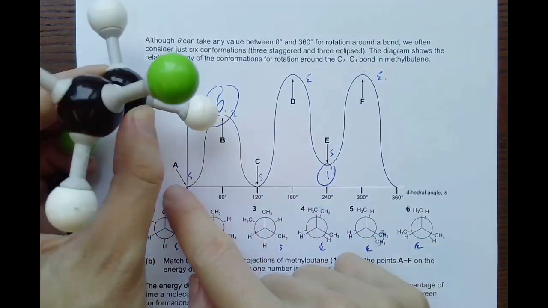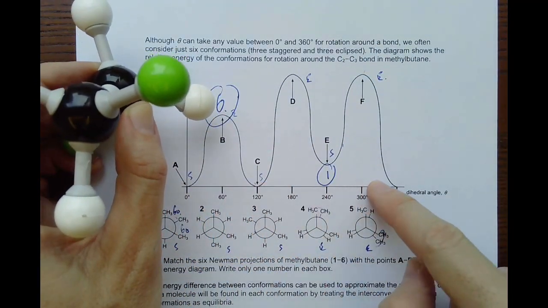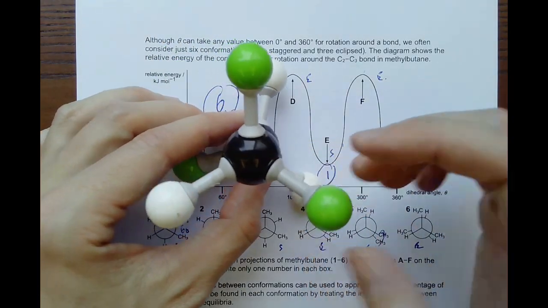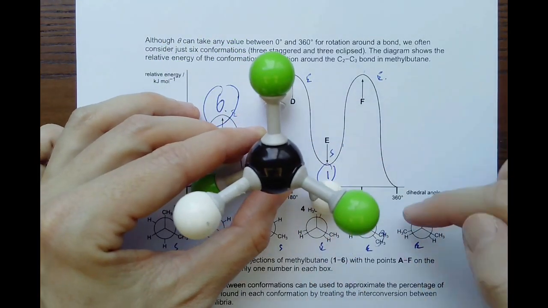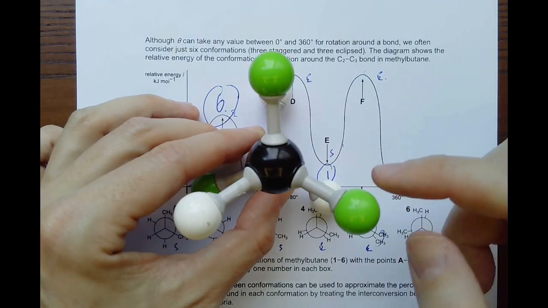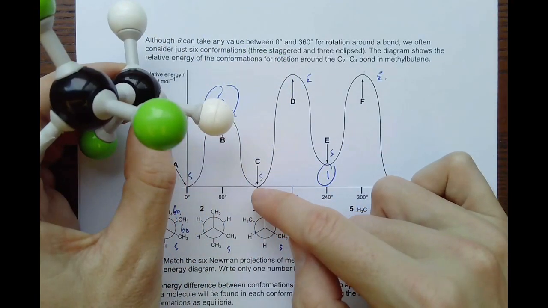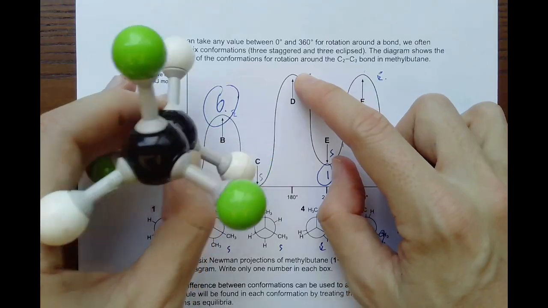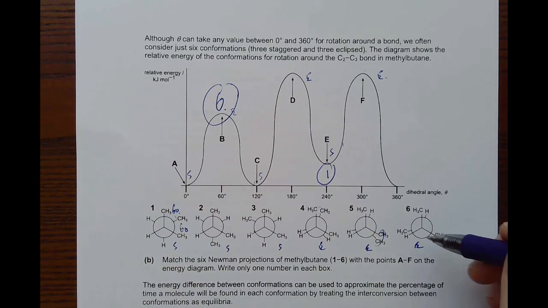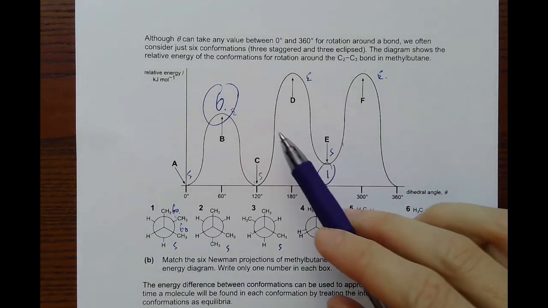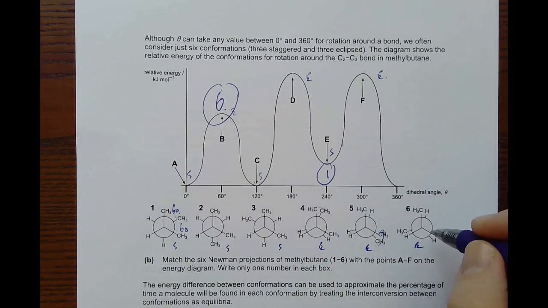And because we're increasing the dihedral angle along here, we have to make sure that when we start from this one, let's say for example from 6, that we get the correct energy minimum, then the correct energy maximum in order. Now this is quite difficult to do without a model. I'll try and do it without the model first, and then I'll show you it with the model. So it makes sense to start from 6 or 1, so I'm going to start from 6.